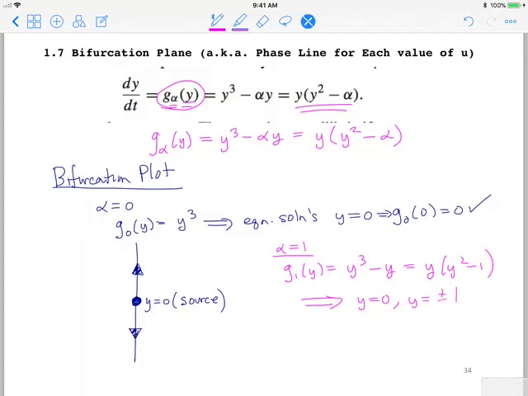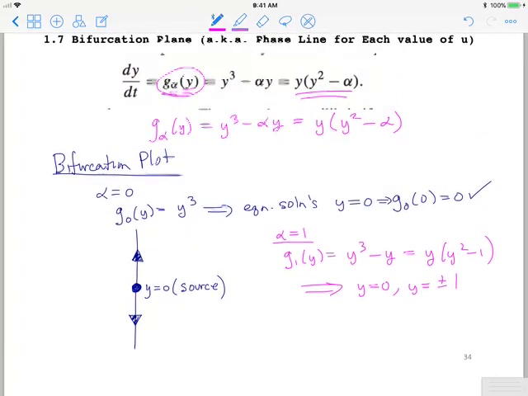Which then lead to phase lines of the form 1, 0, and negative 1 for y, and then we have to decide on the plus or minus signs. That should be readily available when you plot, for alpha equal 1, the right-hand side, g sub 1 of y, as a function of y.